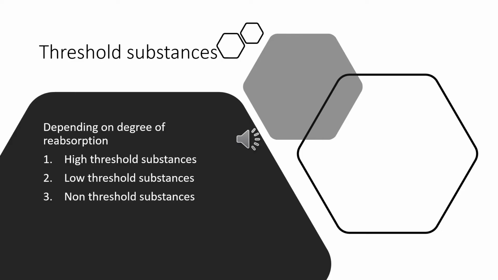Next is threshold substances. Depending on the degree of reabsorption, substances are classified into three: high threshold substances, low threshold substances, and non-threshold substances.